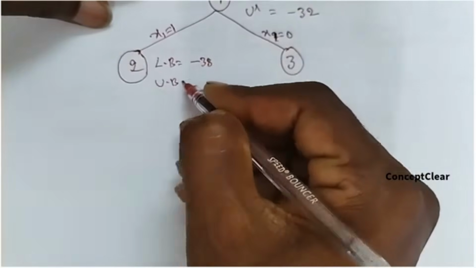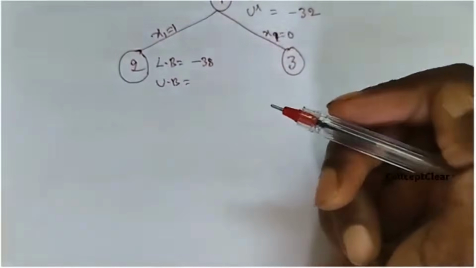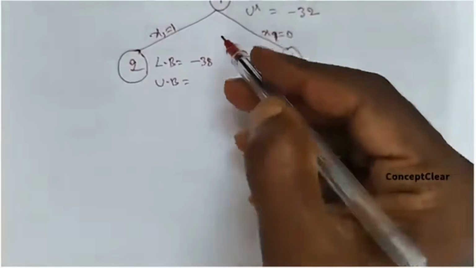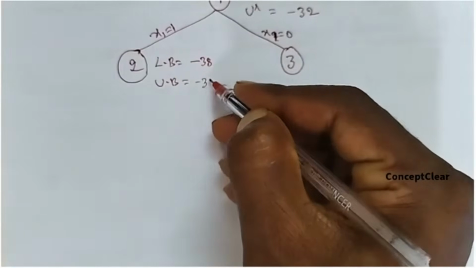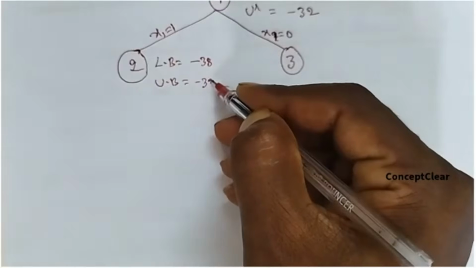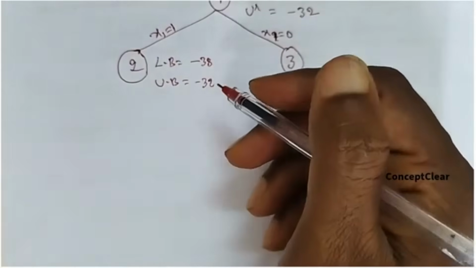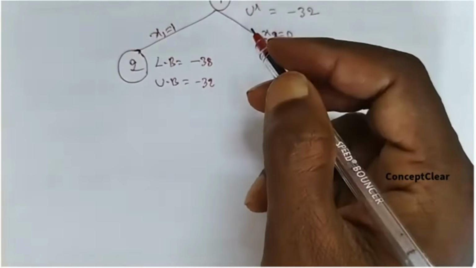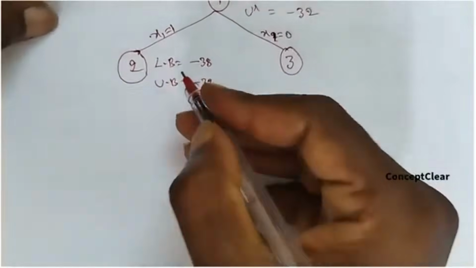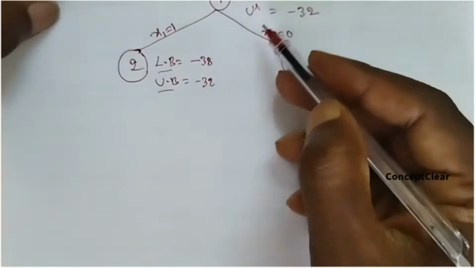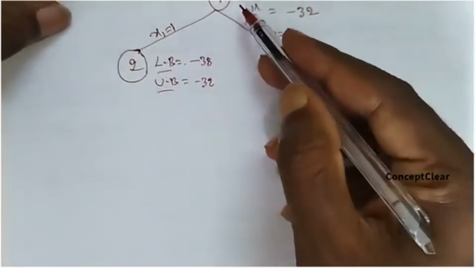What about the upper bound value? x1 equals 1 has to be considered, so the upper bound value is the same, minus 32. For every node, we have to calculate the least bound value and upper bound value. Here the same values come as the previous values.